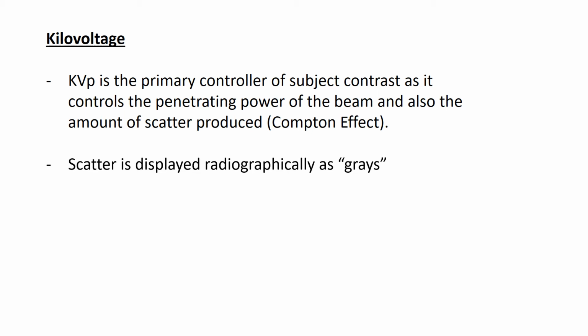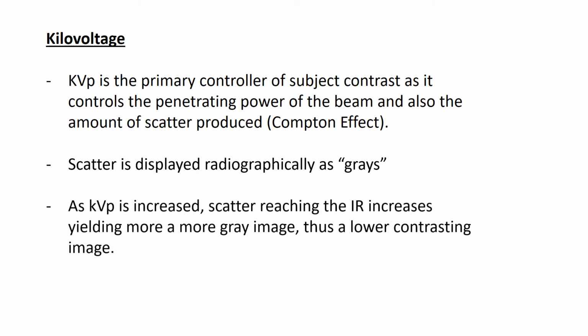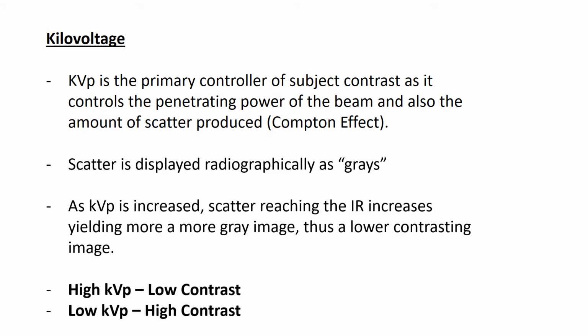High kVp gives me more scatter reaching the image receptor, which means my image is going to be more gray. As the kVp is increased, scatter reaching the IR increases, yielding a more gray image. Thus, we can say a lower contrasting image. So high kVp, because it gives you more grays, is a low contrasting image. High kVp, low contrast, which then means that low kVp would be the opposite.